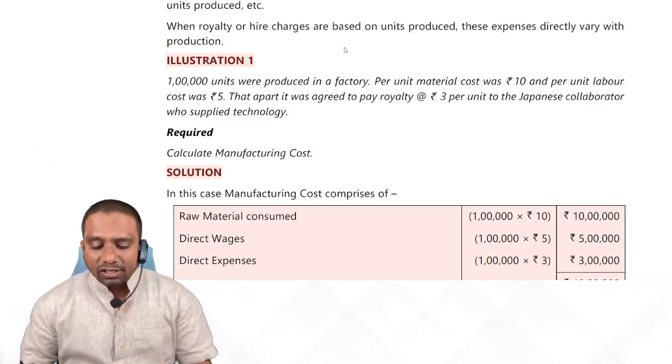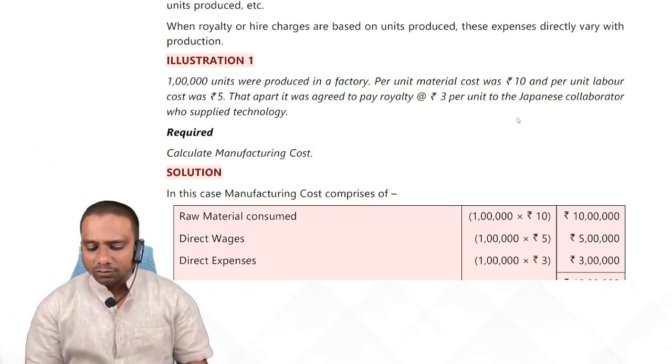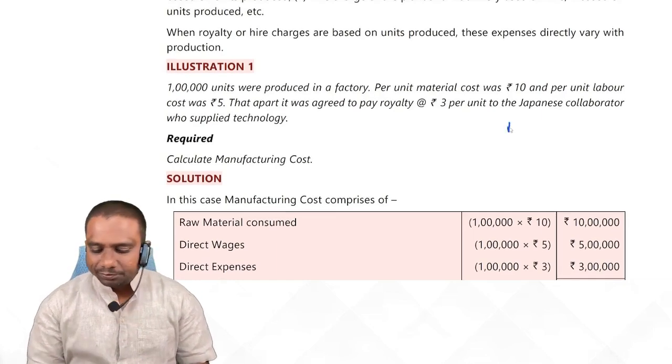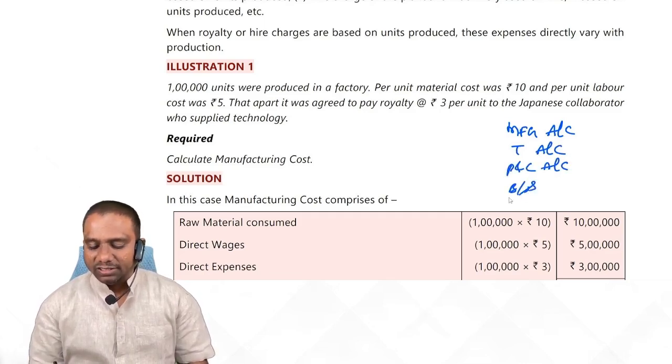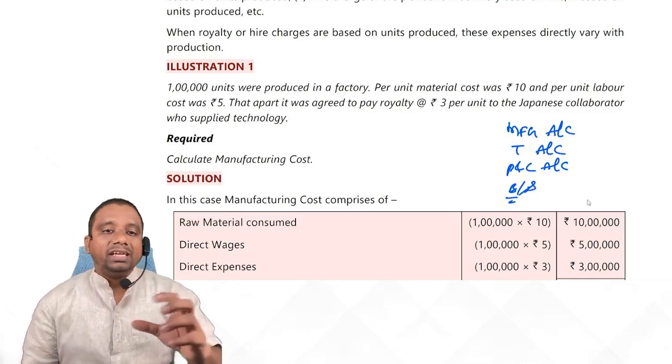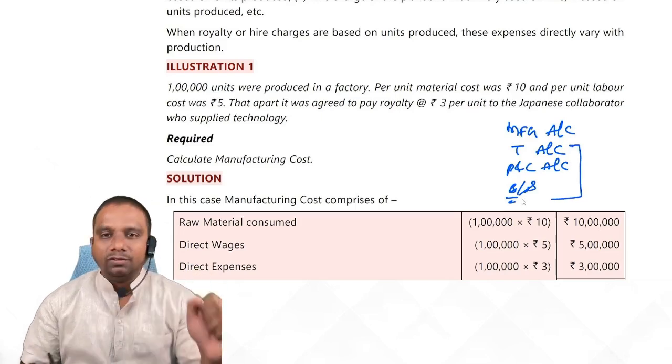So the final accounts of a manufacturing concern are manufacturing account, trading account, profit and loss account, balance sheet. So the main difference is manufacturing account.